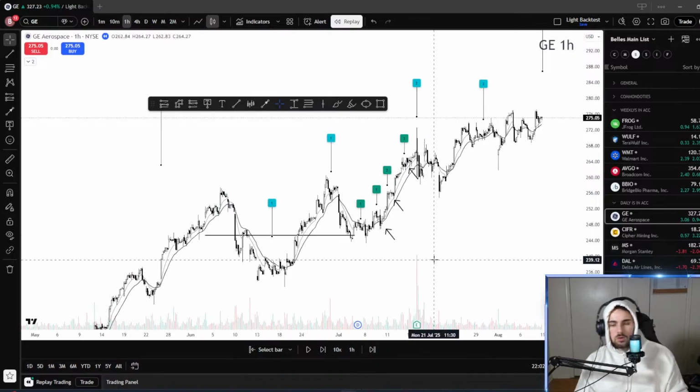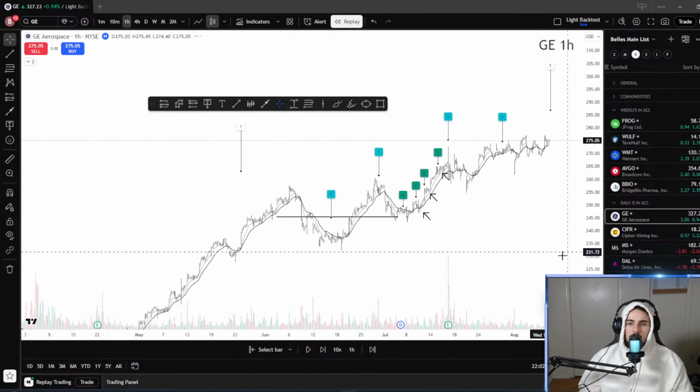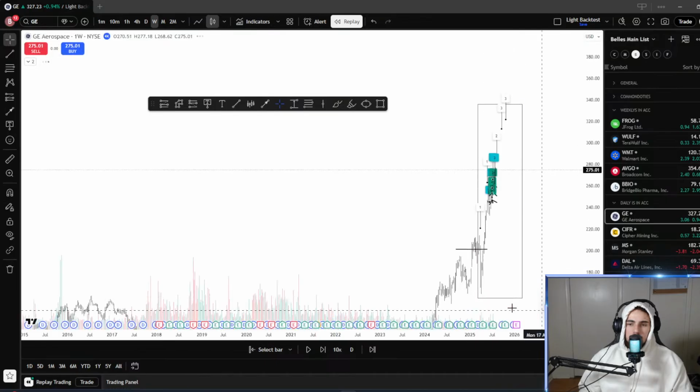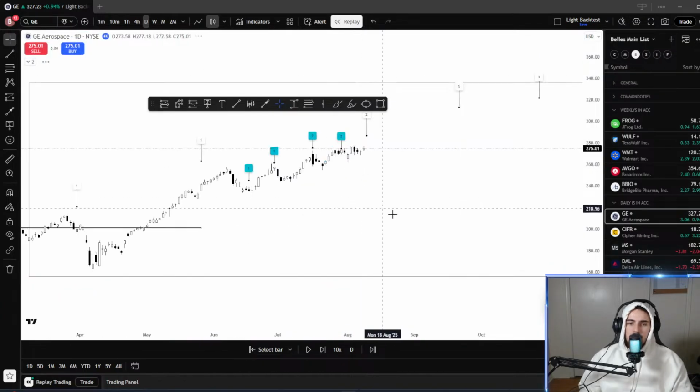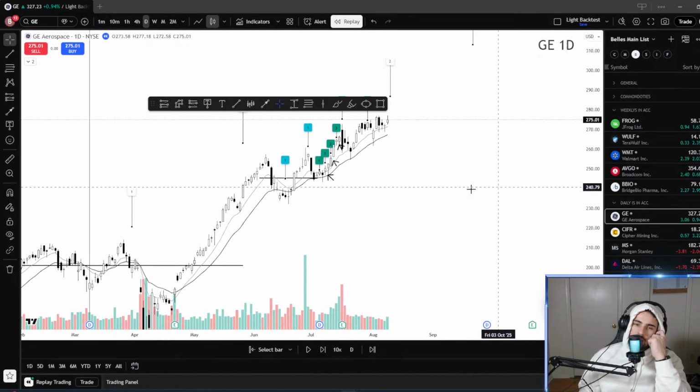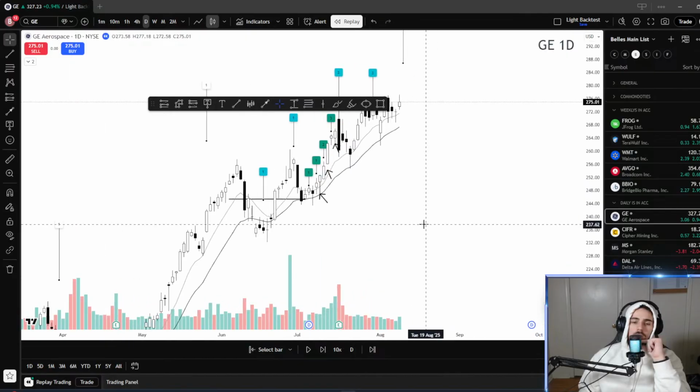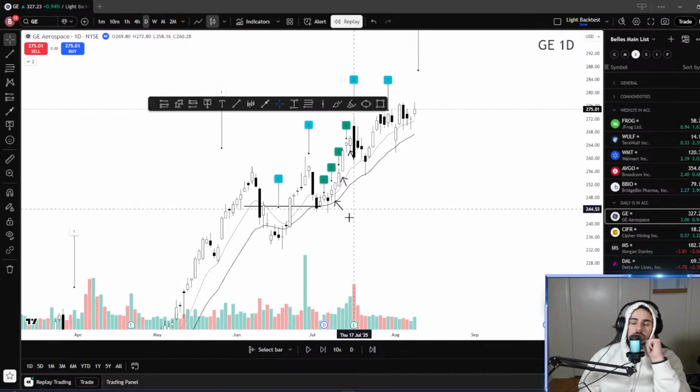So you'll see how in this first weekly push from this lower low, this push right here, I'm now breaking it down into specific moments that I want to look for trades. I want to look inside the bullish pushes. Inside bullish pushes, there's more bullish pushes.